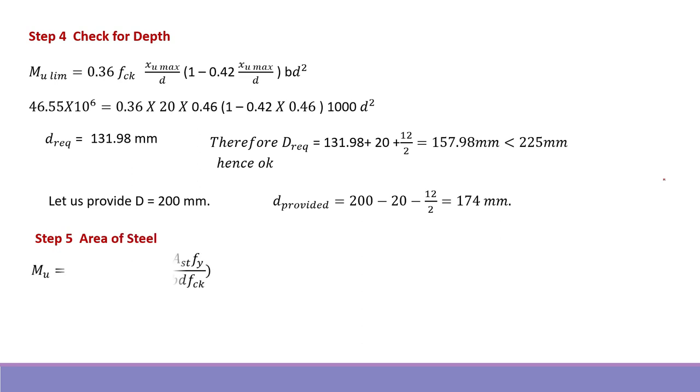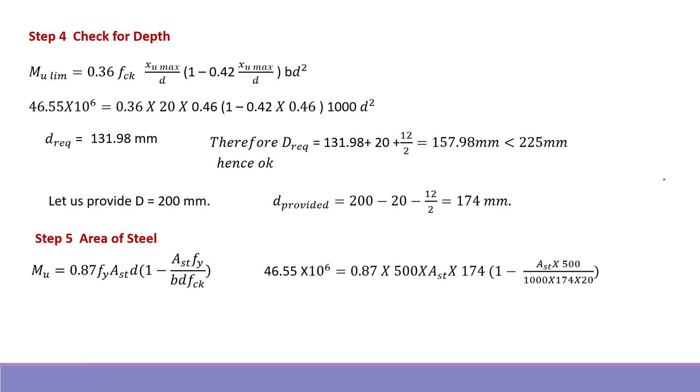So step 5, we will consider the area of steel. This formula is also available on page 96, Annex G of IS 456, and if you put the values, it will result in a quadratic equation.